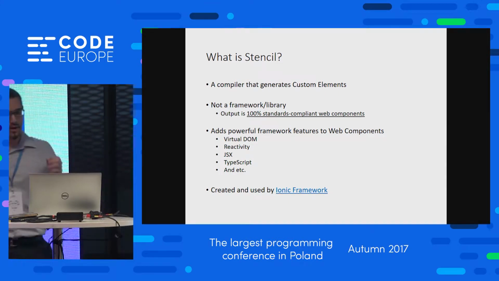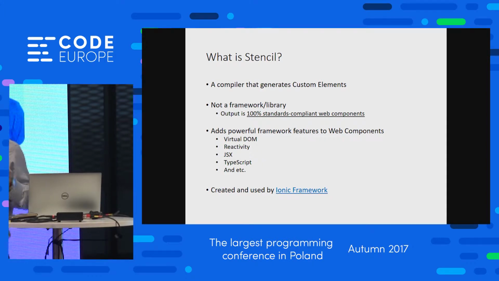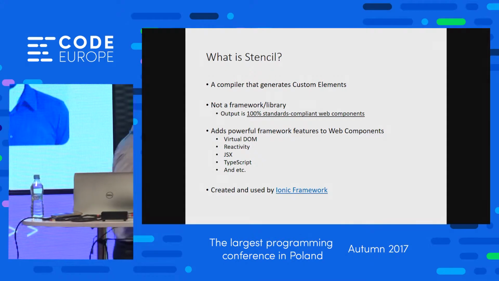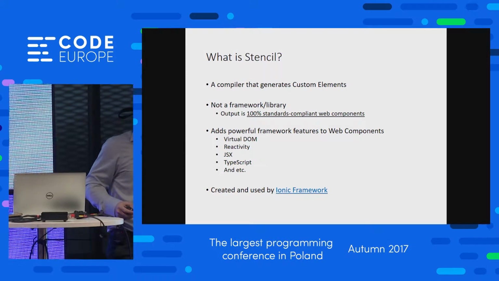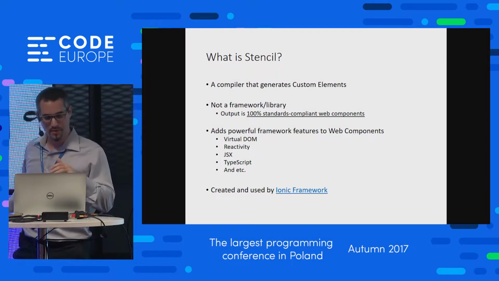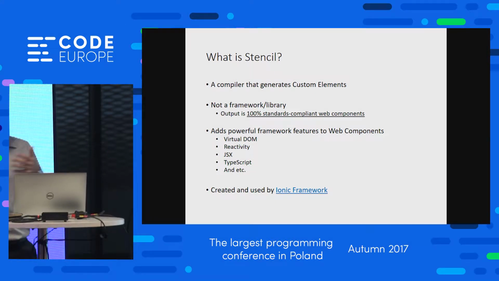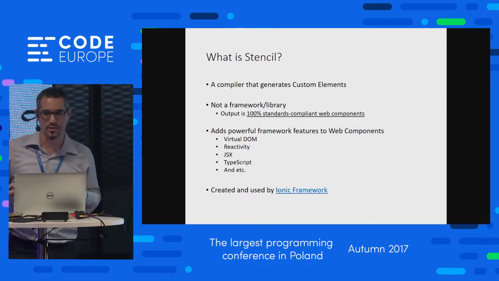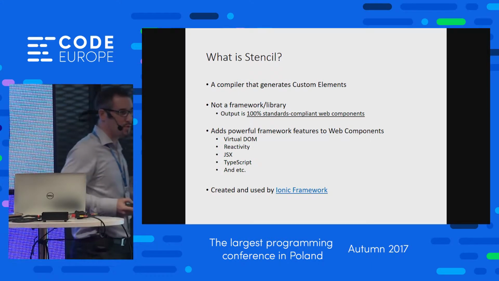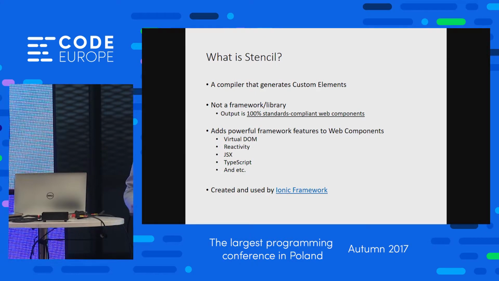you have a custom element that you can reuse in your applications. More than that, Stencil gives you a few of these buzzwords that you heard earlier. For example, it gives each component a virtual DOM. Each component is reactive, meaning that if you have property changes and state changes, that will happen as soon as possible. You write the component with both TypeScript and JSX.